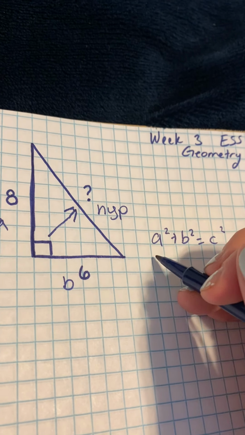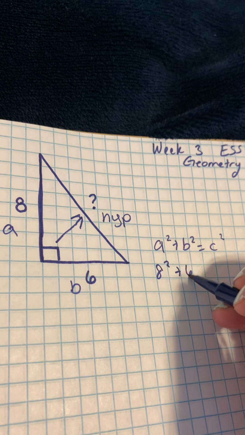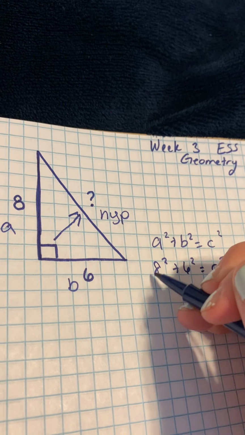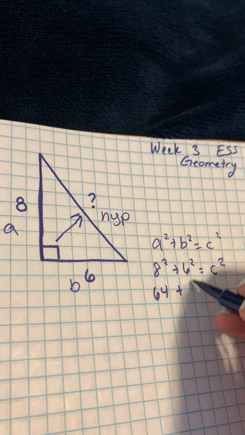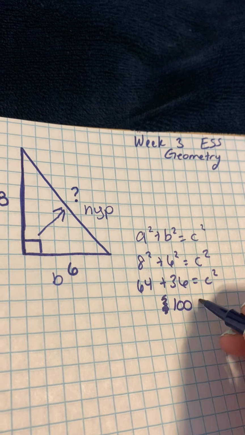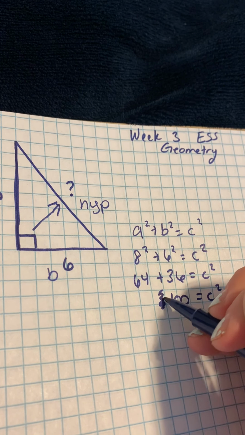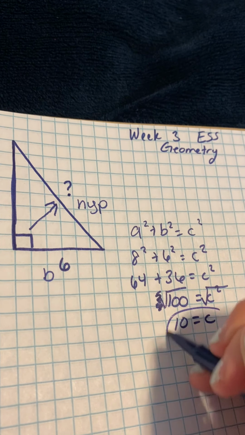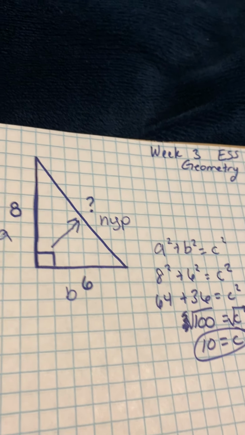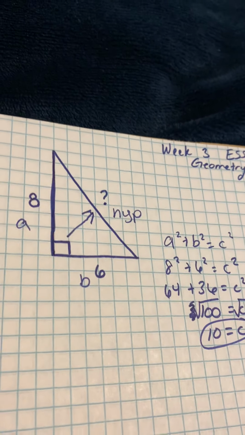So if I plug in the numbers, 8 squared plus 6 squared: 8 squared is 64, 6 squared is 36, 64 plus 36 is 100, and then take the square root, and our answer is 10. So our missing side, the hypotenuse, is 10.